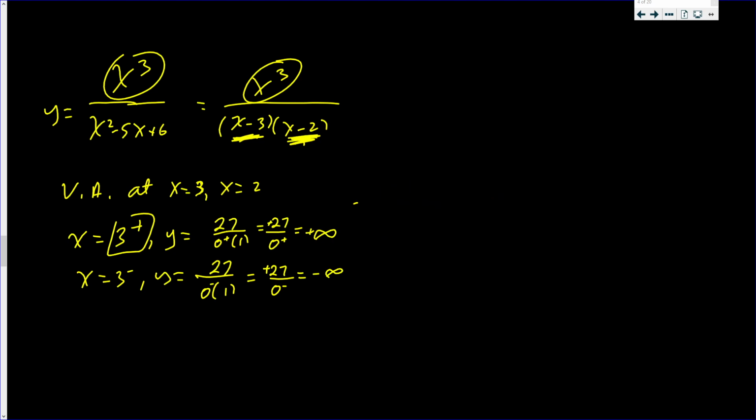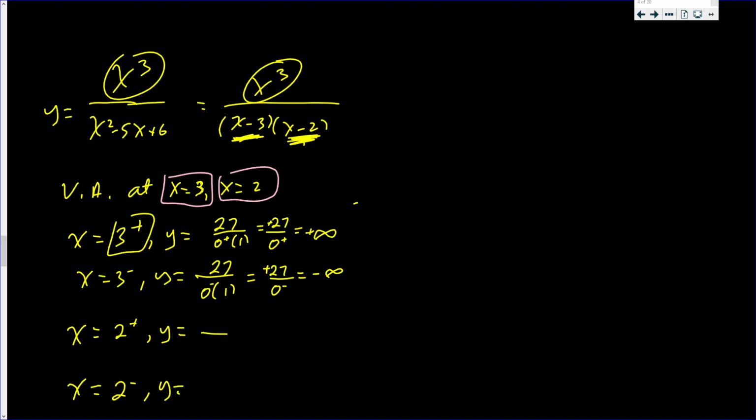Now, we're going to do the same thing we just did at 3. We're going to do it at 2 now. If x is a little bit more than 2, what is y equal? And if x is a little bit less than 2, what is y equal? Well, if x is near 2, the numerator is going to be near 8.